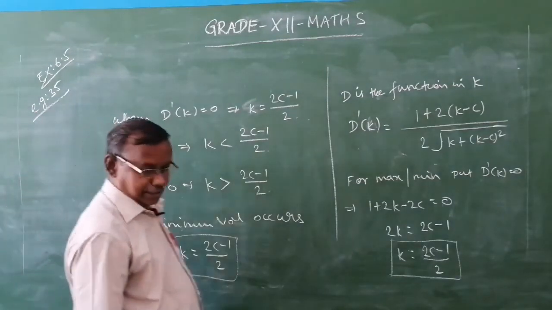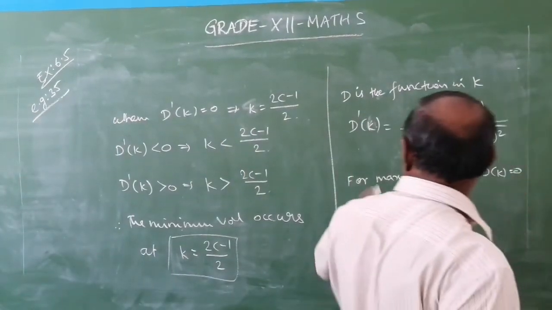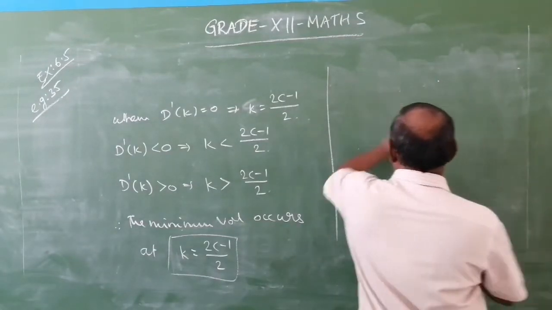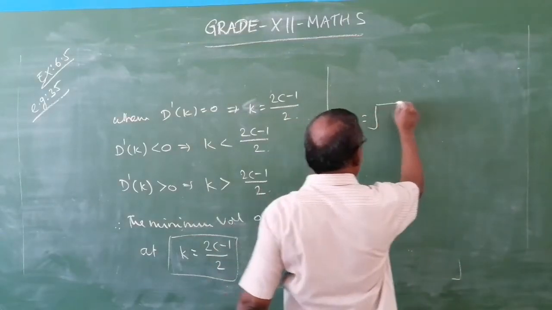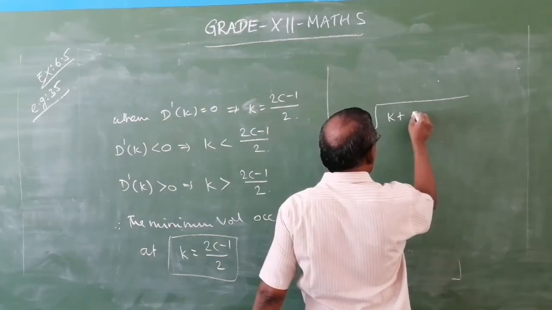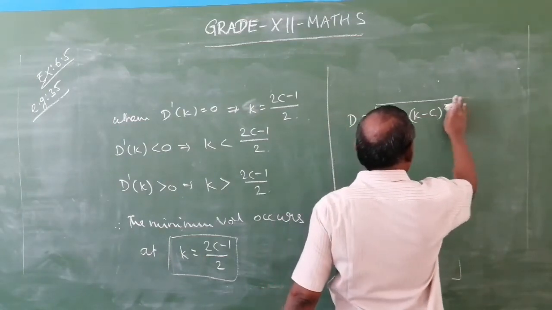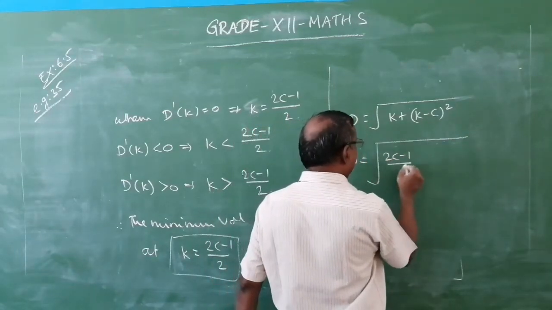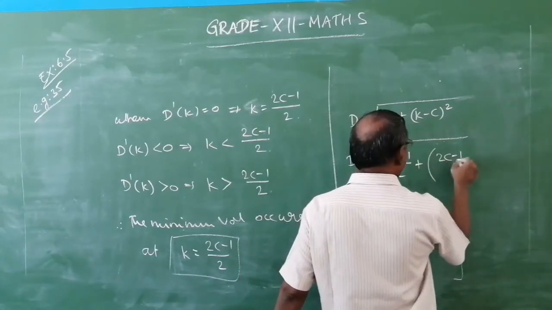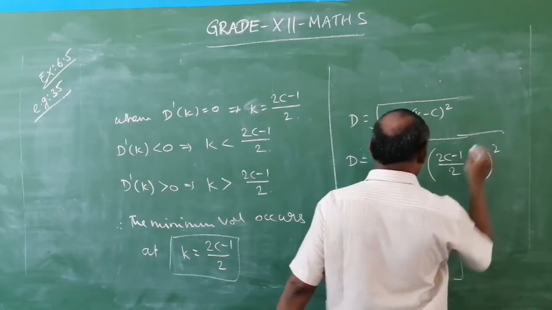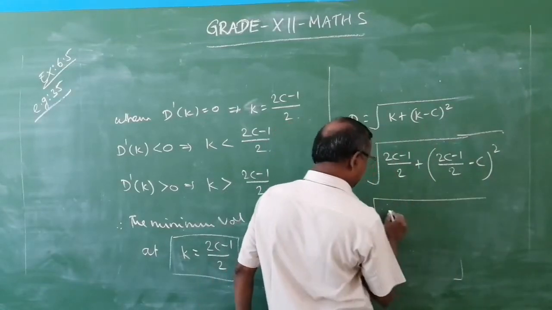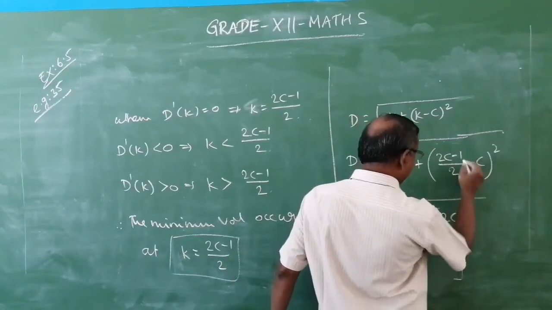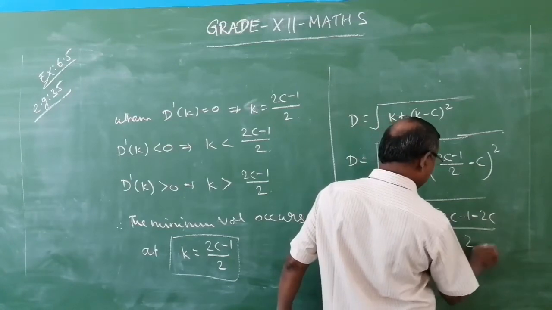Now we need to find the distance, that is we have d equal to root of (k plus (k minus c) the whole square). Now substituting the value, d equal to root of ((2c minus 1) by 2 plus ((2c minus 1) by 2 minus c) the whole square), that is equal to root of ((2c minus 1) by 2 plus, taking LCM, ((2c minus 1 minus 2c) by 2) the whole square).